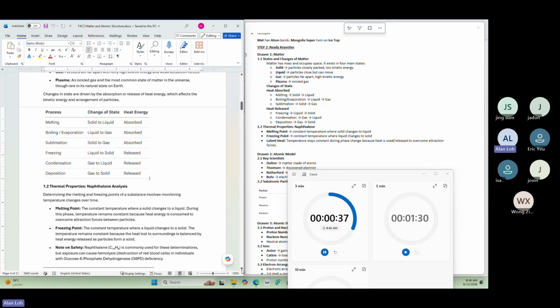Don't worry too much about the formula of this substance or this molecule, C10H8.